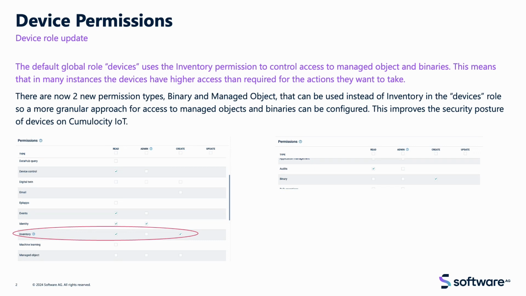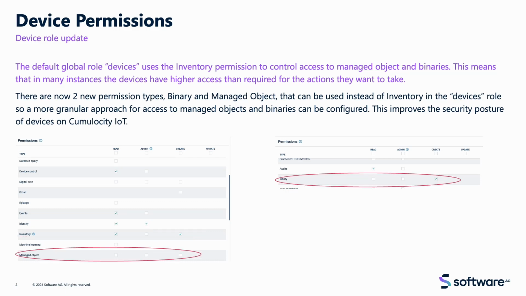From Q1, you'll now be able to split that out into two new permissions called binary and managed object, which does what it says on the tin, thus enabling you to give your devices the least possible authorization and still enable them to do the actions that they need to do. This is a really good security improvement and will enable devices to have the least amount of permission possible.